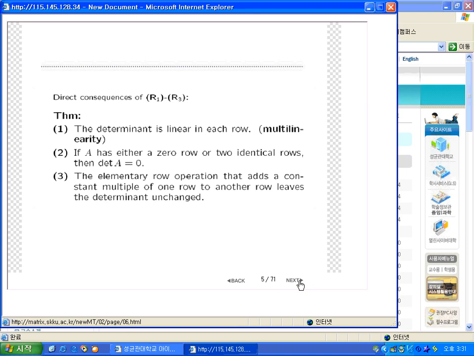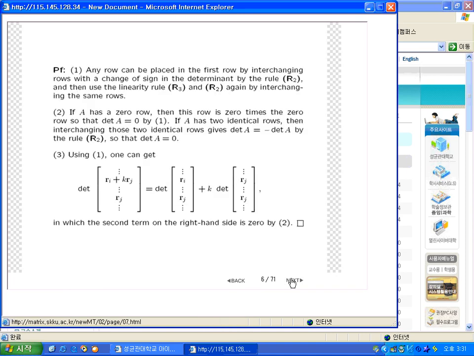Okay, so we can draw the theorems on the determinant. That's what you have seen from your high school years. You already have learned most of the things on the determinant of 2x2 matrices when you were a high school student.